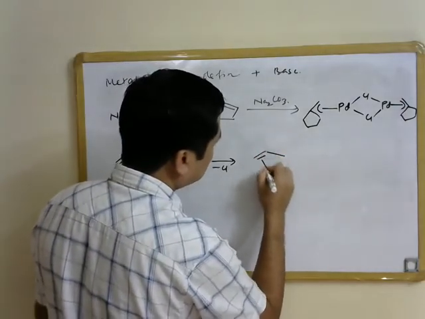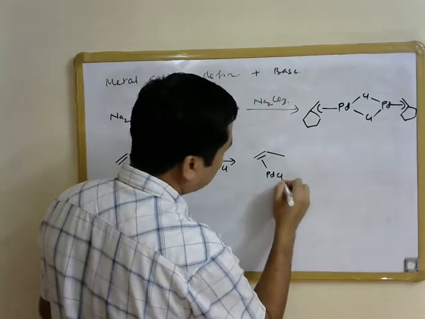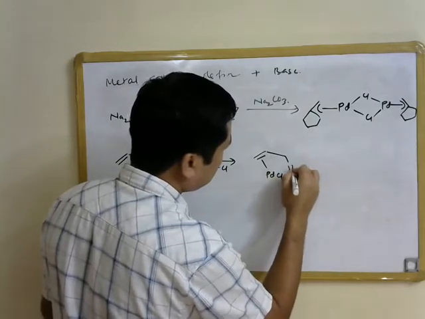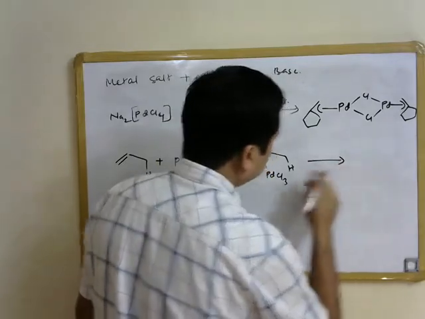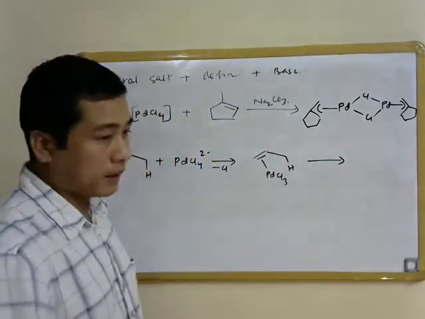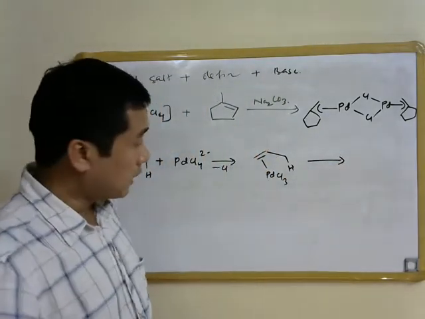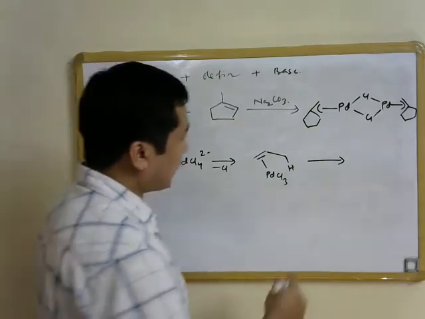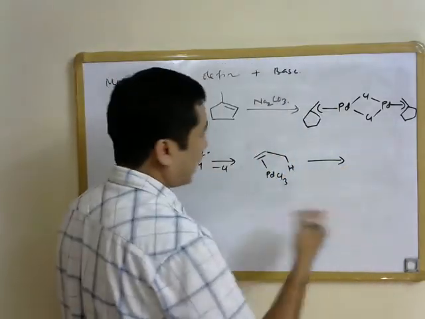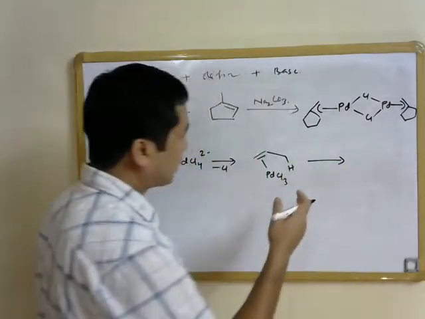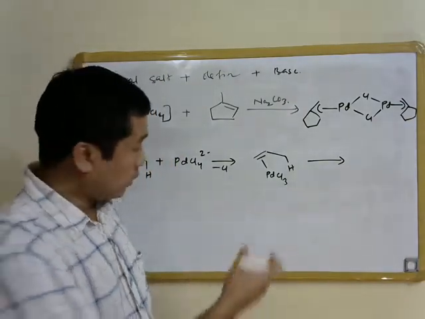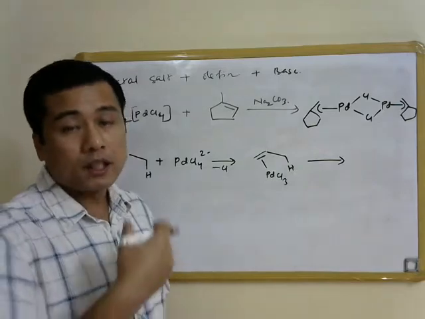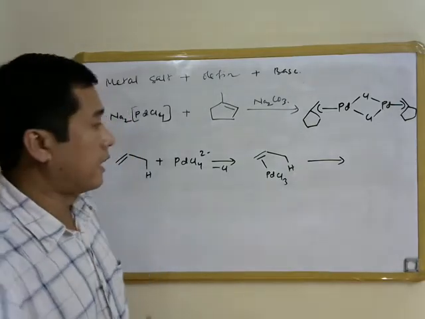So this sort of metal olefin complex is formed first. Then this hydrogen atom will get attached to the palladium center over here, and this will produce a metal hydride complex, and during this process the olefin ligand will get transformed into an allyl ligand.